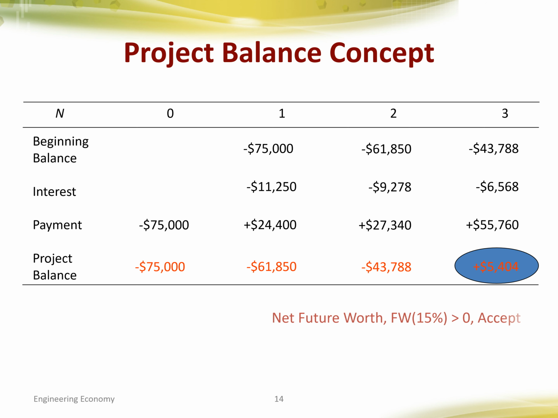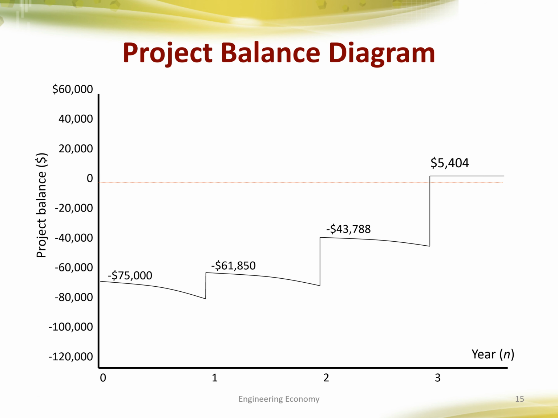Okay, so it's a positive value, and we'll accept this investment opportunity. If we compute, as I said, the present worth, we will also come to the same conclusion, that is 3,553, which is positive.